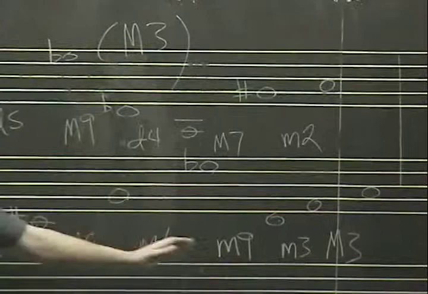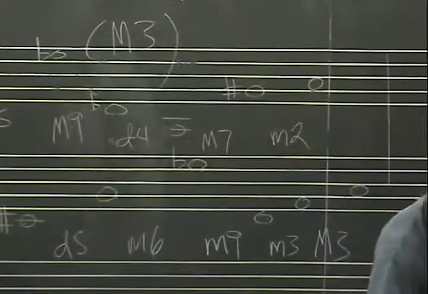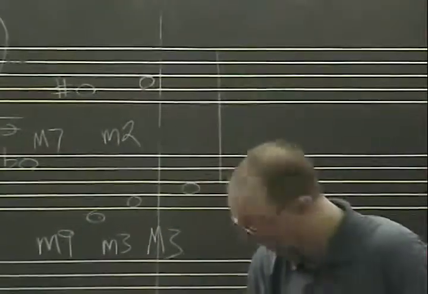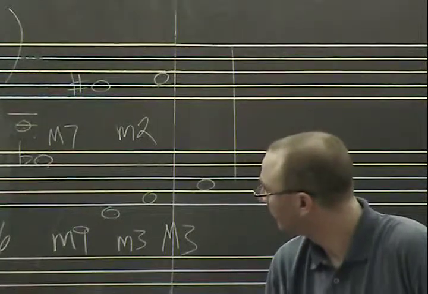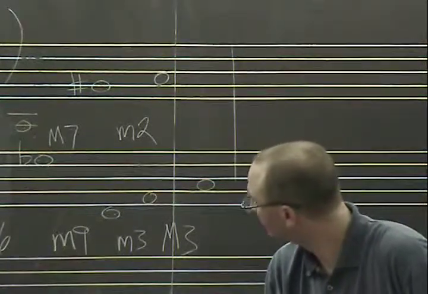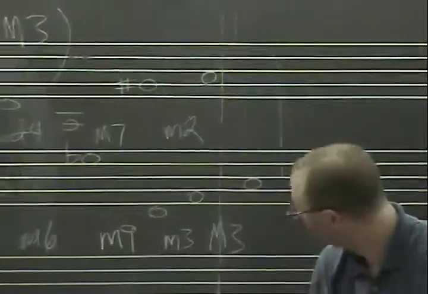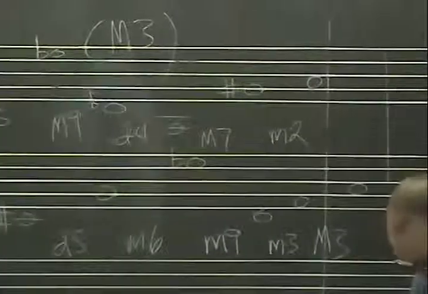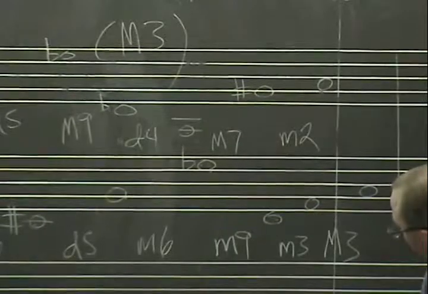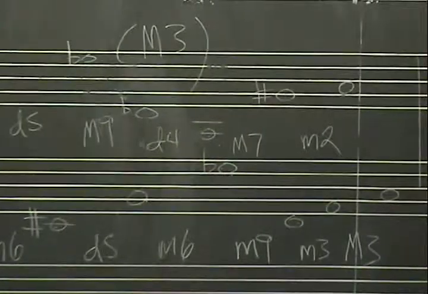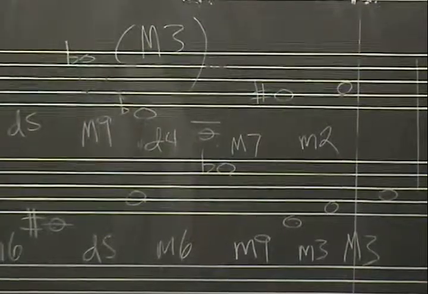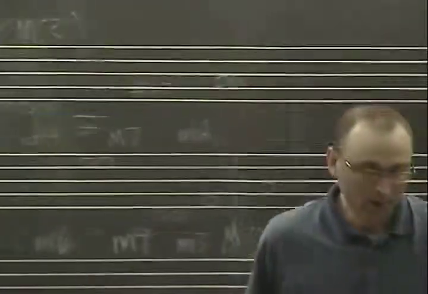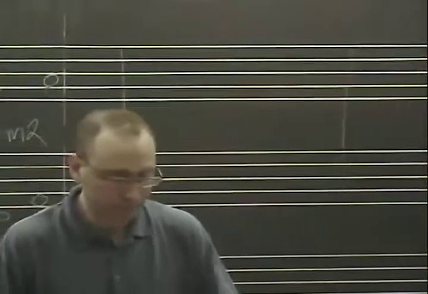Okay, so here's your minor triad. Let's listen. And here we are. Diminished fifth. Minor sixth. Minor ninth. And then minor triad.